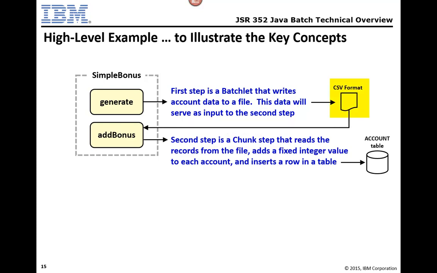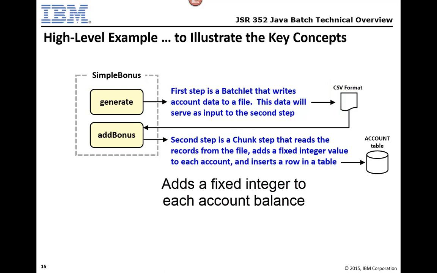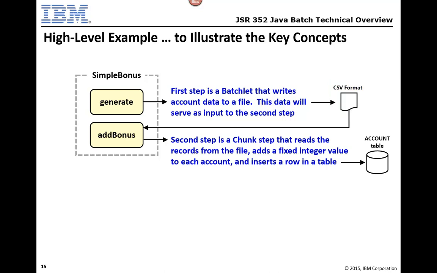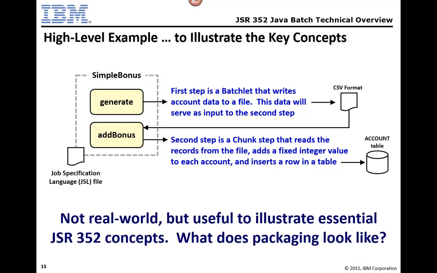It reads the account records created by the first step, adds a fixed integer amount to the balance, this is the bonus, and inserts the records into a relational database table. A job specification language file provides the JSR352 runtime with information about the job and its steps. We'll look at that in a moment. This sample is a little too simple to be real world, but it's useful in showing what a JSR352 batch program looks like.